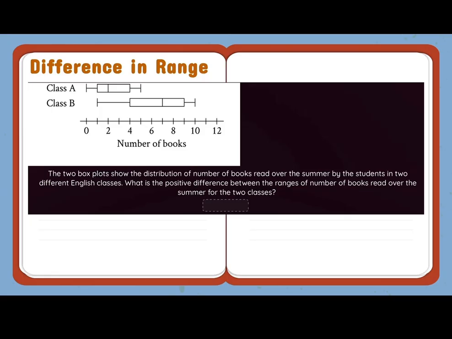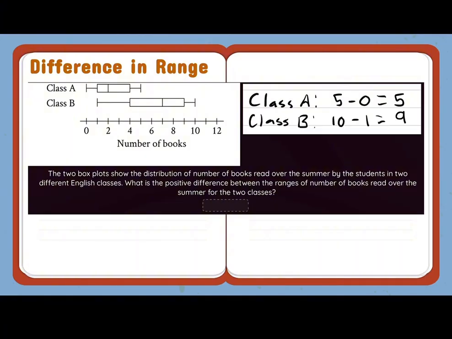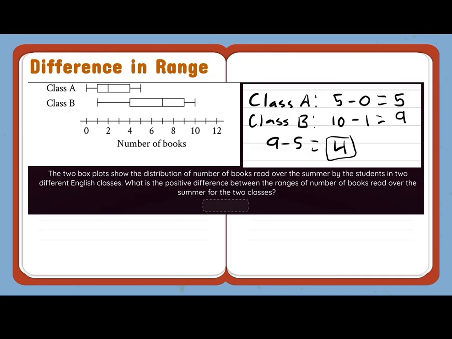Meaning, for class A, we need to find the range from the outermost to the lowermost, so we have 5 minus 0 because that's where the graph ends. For class B, we'll also have 10 minus 1 because that's where that range ends as well. And we look at the positive difference between the ranges of the two classes. We'll do 9 minus 5, which equals 4.